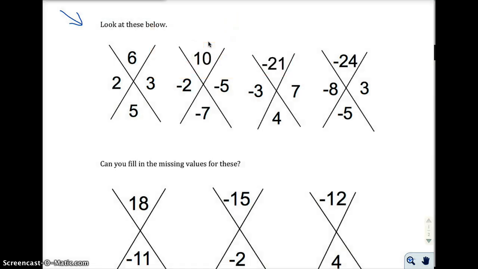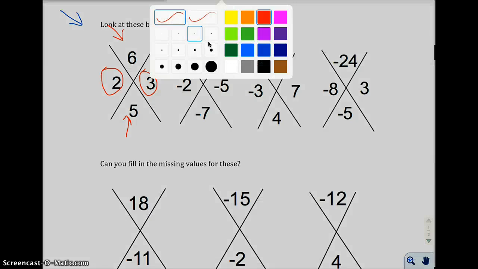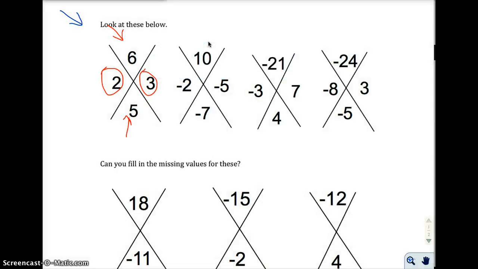So the first one, I hope you saw that the 2 and the 3 multiply to give you the 6, and they add up to give you the 5, and that's the rule. And that's the rule that's going to be applied to all the other x's in this row. So again, the negative 2 times the negative 5 multiply to give me 10, but add up to give me negative 7.